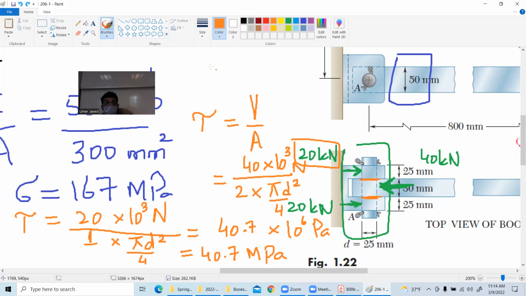Okay. Is it single shear or double shear? Why don't you talk about that? Double, right? Double shear, why? Because it slices right through two portions.